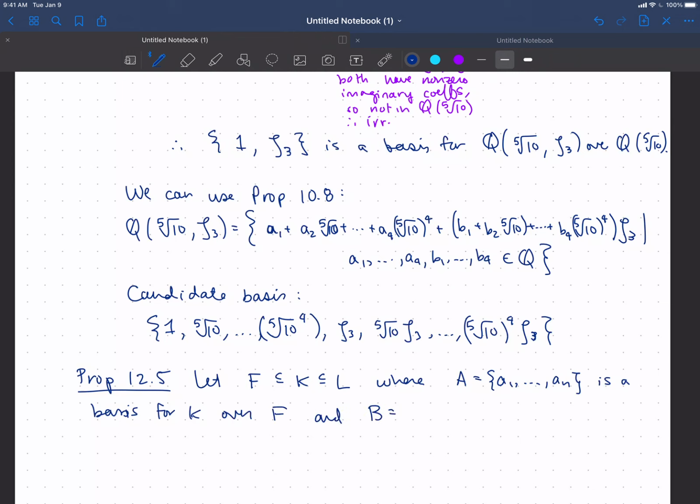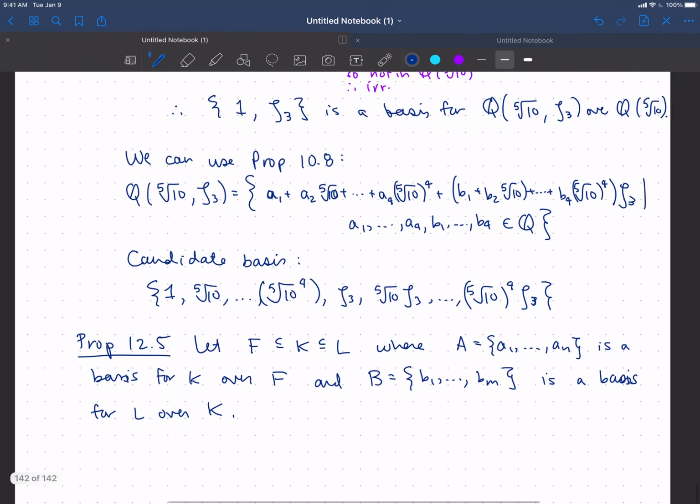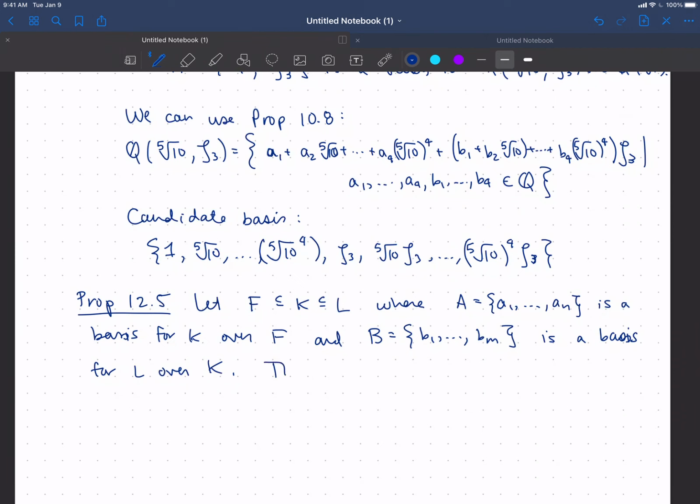And we're going to let B be a set B1 through Bm that is a basis for L over K. Then, if we want a basis for L over F, a basis for L over F is the set where we take the products of these things.